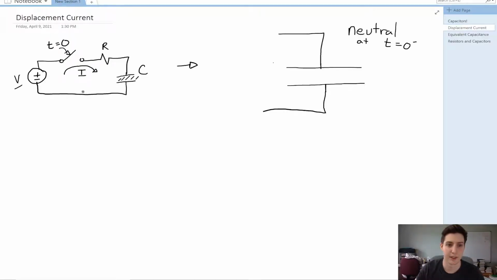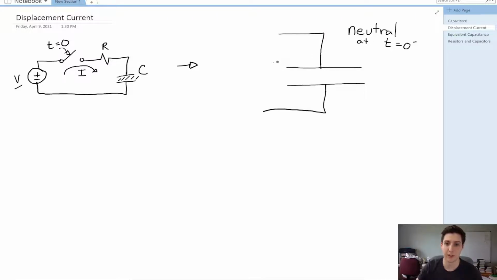Now, it appears from that experiment that current is flowing through the circuit. But we know that we have an insulator between these capacitor plates, so that should be blocking all current. Well, what happens is when we have a time-varying voltage, we induce charge on one plate, and that causes electromagnetic effects through Maxwell's equations, which induce the charge on another plate to move.